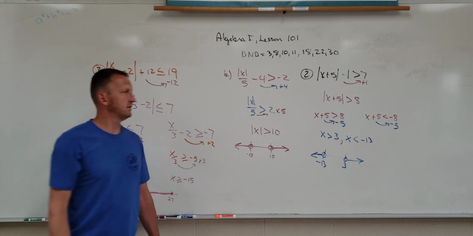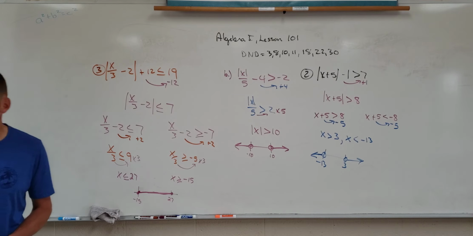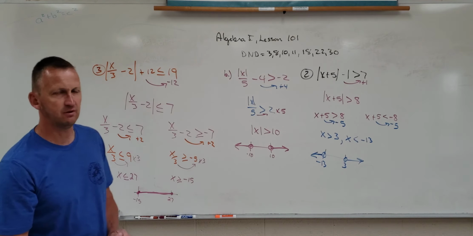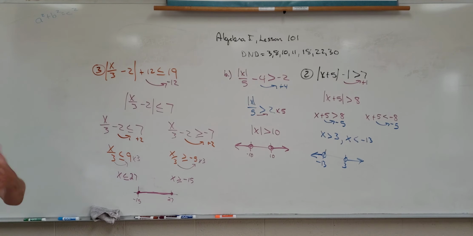So 3, 8, 10, 11, 18, 22, and 30. On 26 for A and B. Just solve those. I'm not worried about simplifying and then multiplying. Just solve them. You don't have to use 2 different methods. Just give me one answer for solving. And then do C. All right?